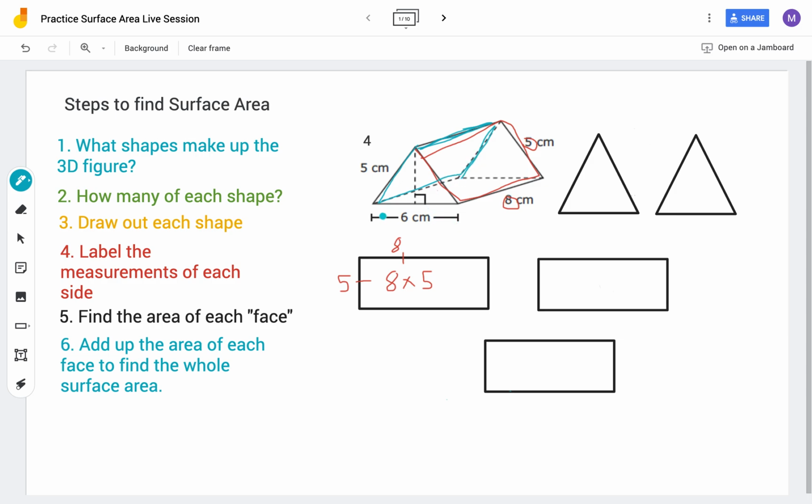This one is also 8, that long side right here is 8, and the side length here is 5.